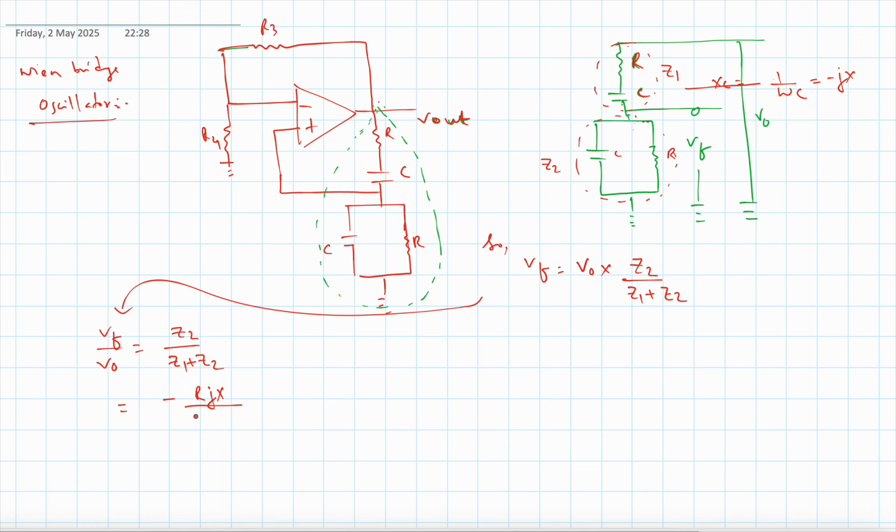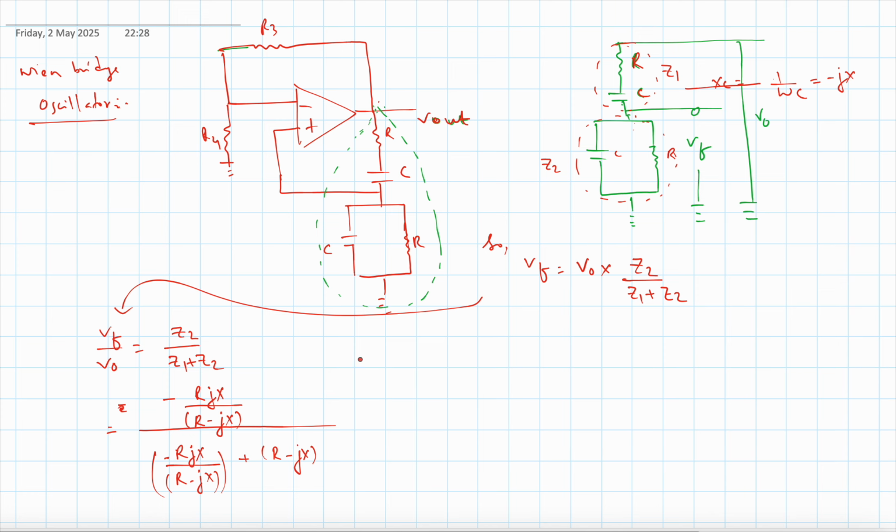Yes, then this is R minus JX total divided by this is JX by J minus X. Yes, this term plus R minus JX.